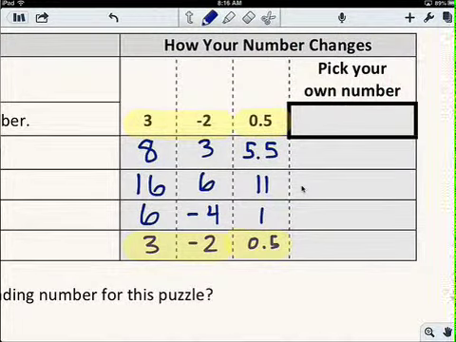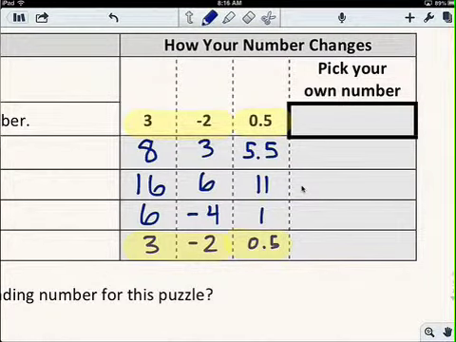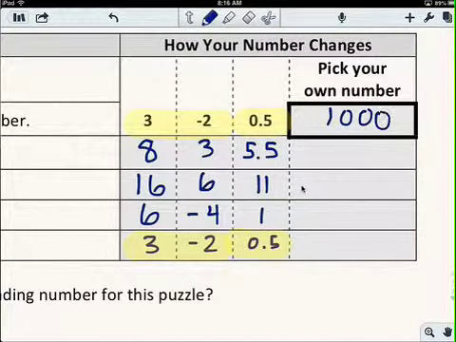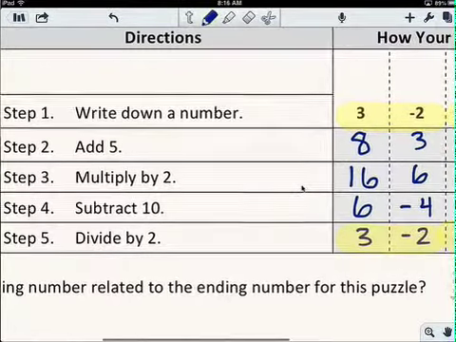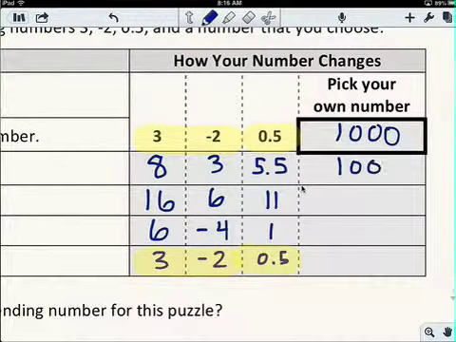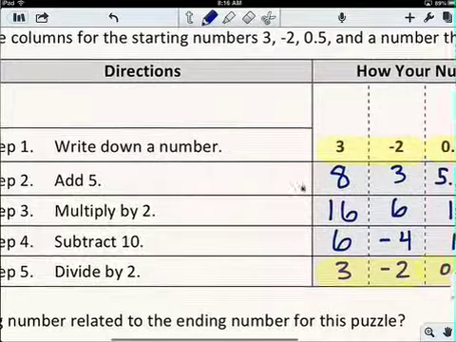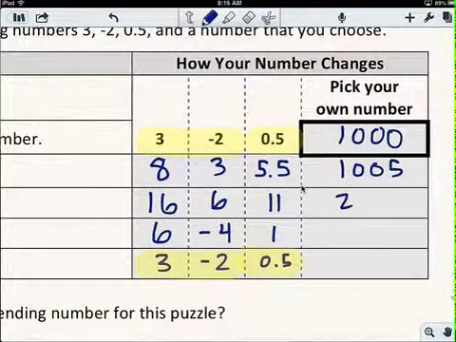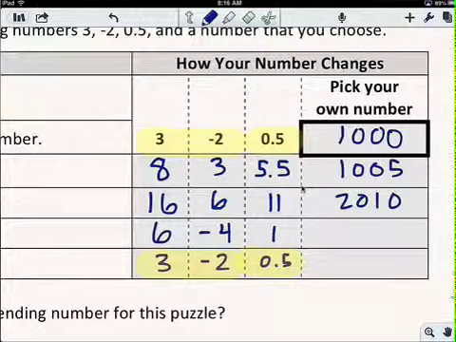So now I get to pick my own number. I'm thinking maybe this only works for numbers that are close to 0. So I'm going to try 1,000. I'm going to add 5. So 1,000 plus 5 is 1,005. And then I multiply by 2. 1,005 times 2 is 2,010.